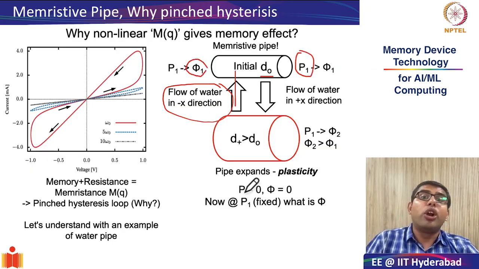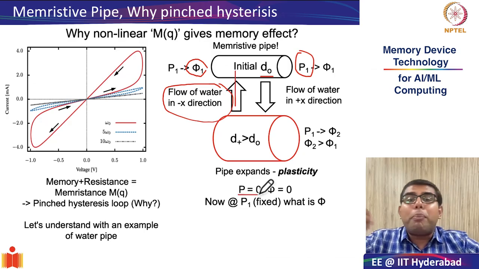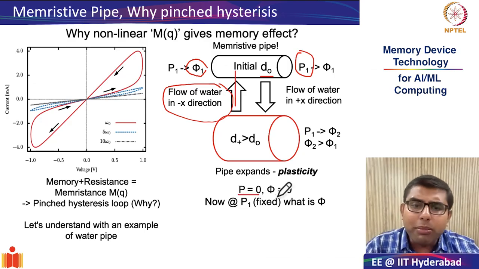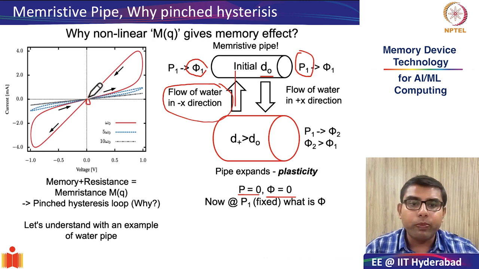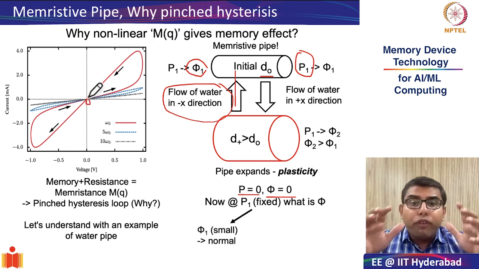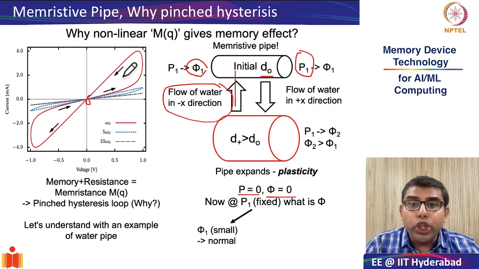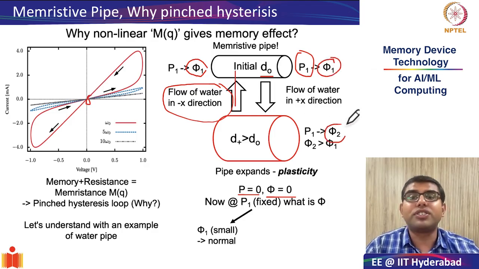First thing important to notice: when you apply no pressure of water on the pipe, the flux will be 0. This is what we talked about as the pinched hysteresis. Also, we will see that for a fixed P1, you can get either a flux of psi1 or a flux of psi2.